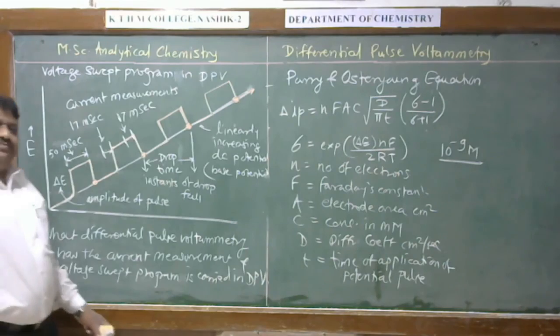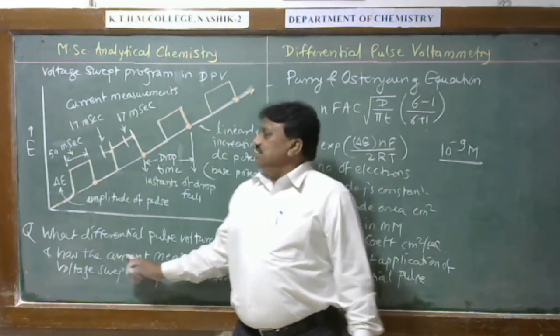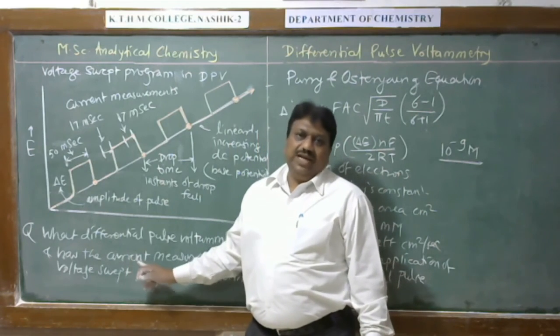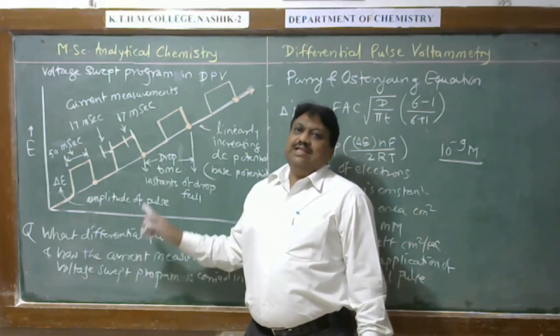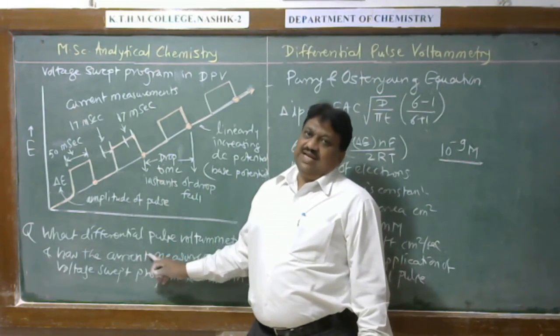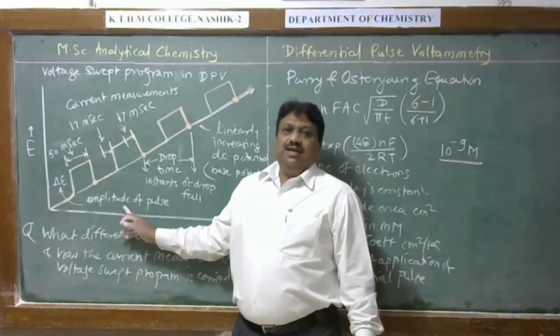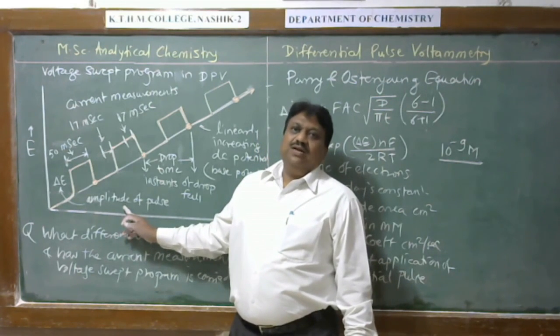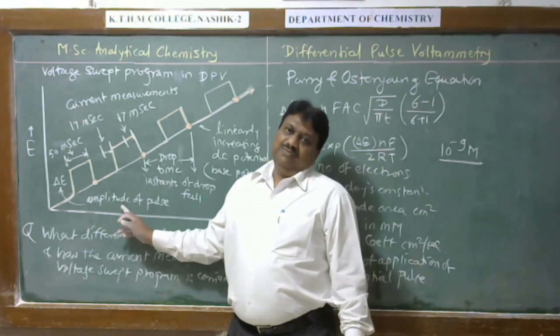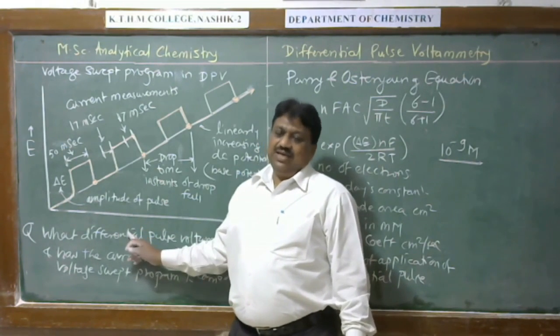Second question: why is the sensitivity of differential pulse voltammetry more than normal pulse voltammetry? The answer is that in normal pulse voltammetry we eliminate the interference of non-Faradaic current, but we do not eliminate the interference of background current.